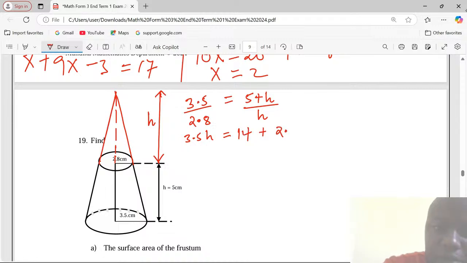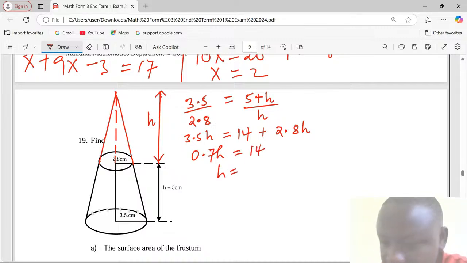giving us 14 plus 2.8h. So 3.5 minus 2.8, I'm getting 0.7h equals to 14, and the value of h can be calculated. So 14 divided by 0.7, giving us exactly 20 centimeters.